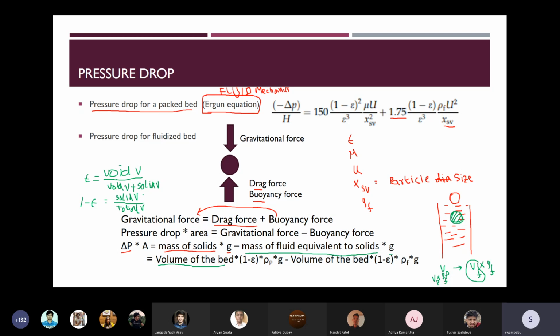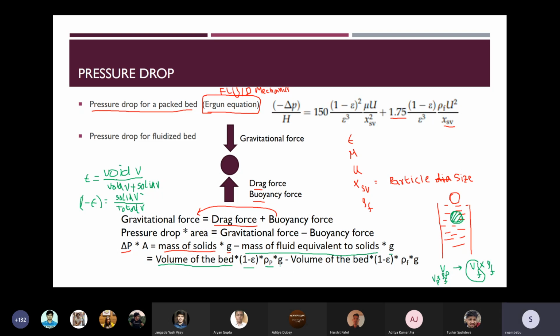So solid volume equals 1 minus epsilon into total volume. So volume of bed into 1 minus epsilon gives the volume of solids. If I multiply with the density of the particles, it gives the mass of solids into g.